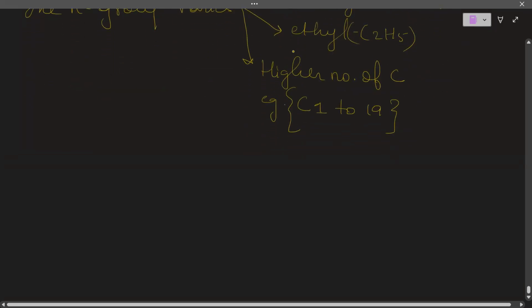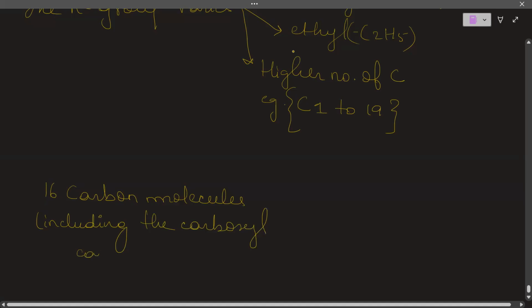Now, in the same way, for example, if there are 16 carbon molecules, including the carboxyl carbon, this is the example of palmitic acid.